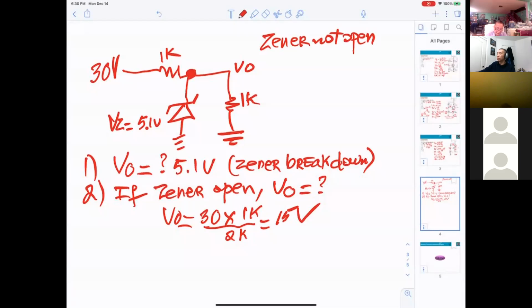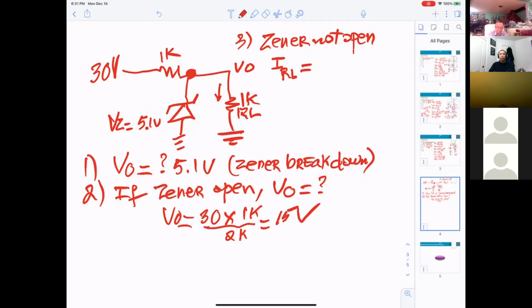What is I load? That means they're asking for the current flowing here.